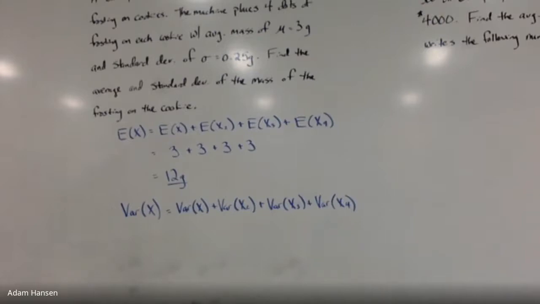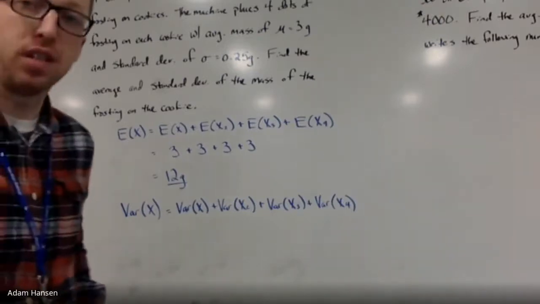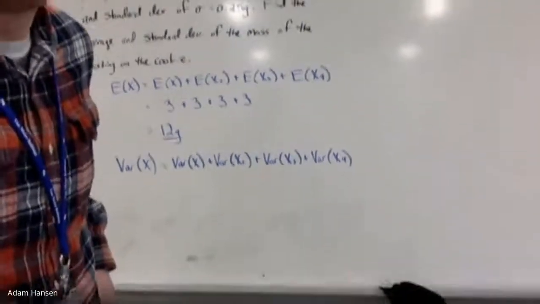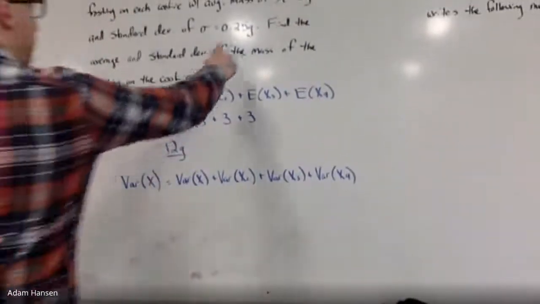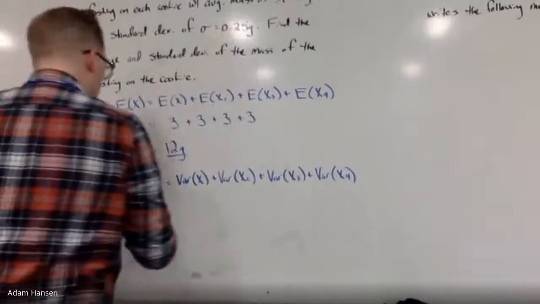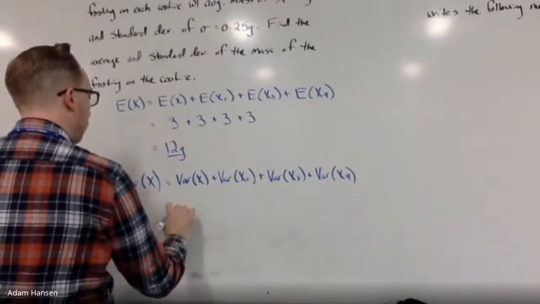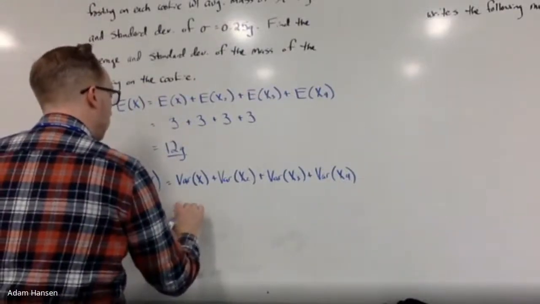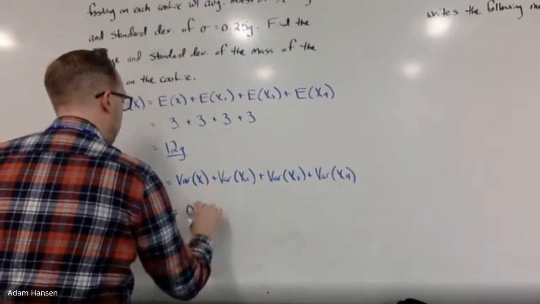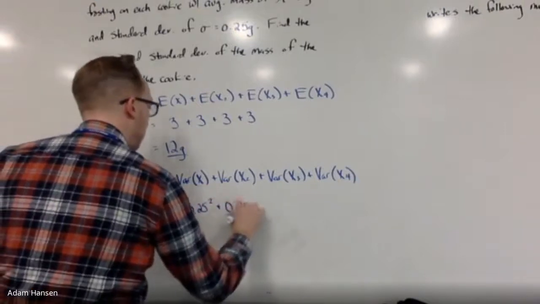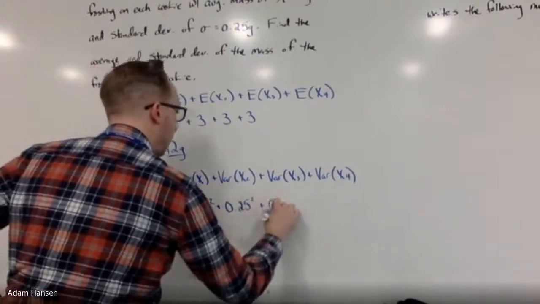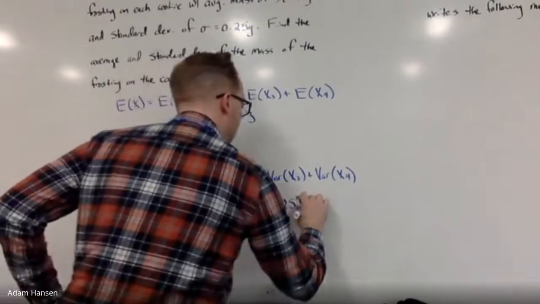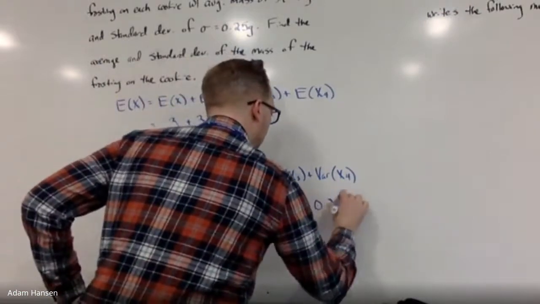Remember, for standard deviation, it's the variances that combine. I combine the variances, not the standard deviations. If the standard deviation is 0.25, the variance is 0.25 squared. So I have 0.25 squared 4 times.